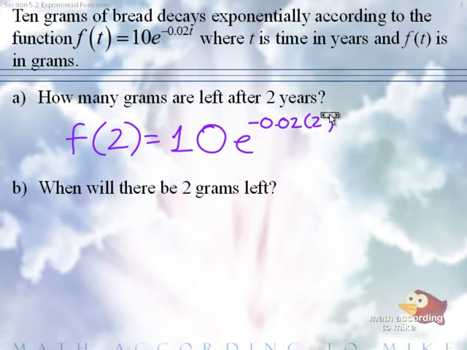You have 2 buttons labeled E on your calculator. You want the E to the X one, which is near the number 4. So rounding to 2 decimal places, I got 9.61.